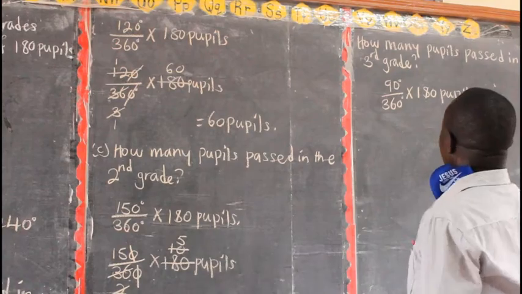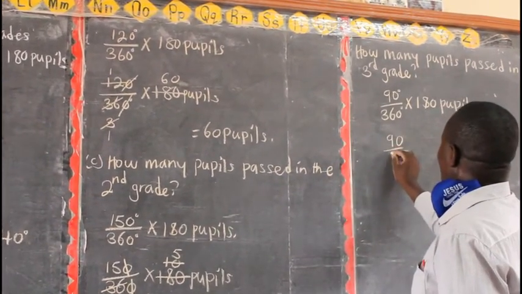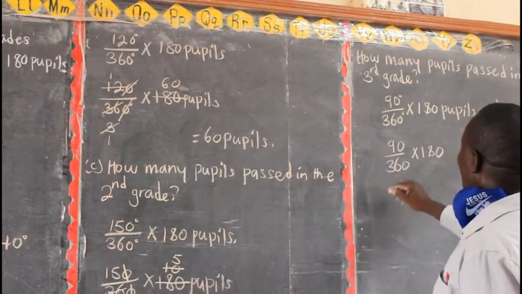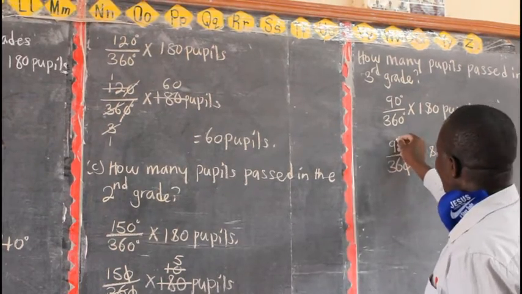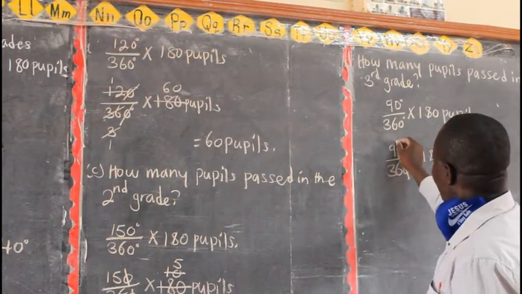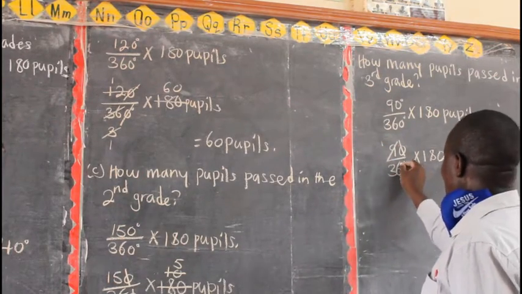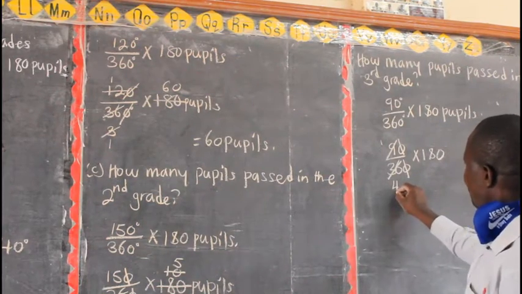So from here, we can now divide. Okay, let me repeat. Times 180, we can divide here 0 with a 0. Then 9 divided by 9 is 1. Then 36 divided by 9 is 4.